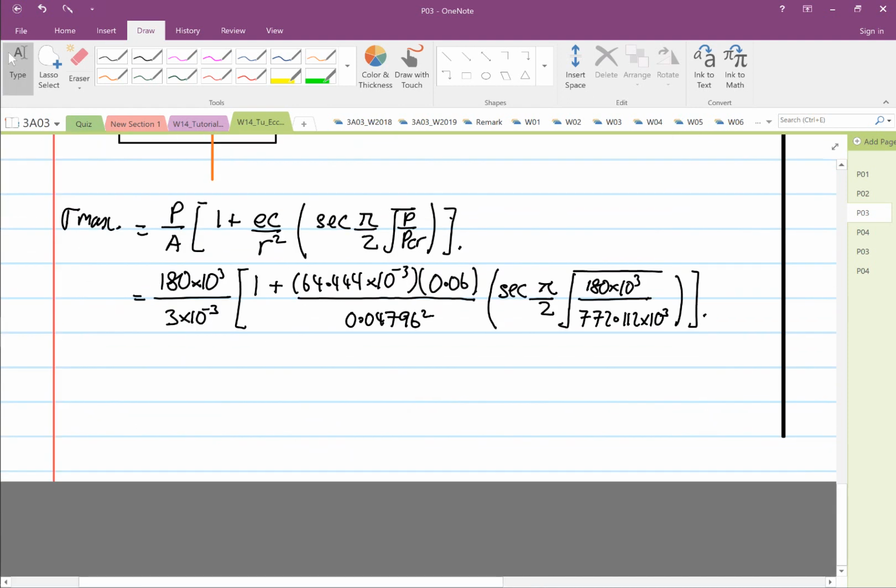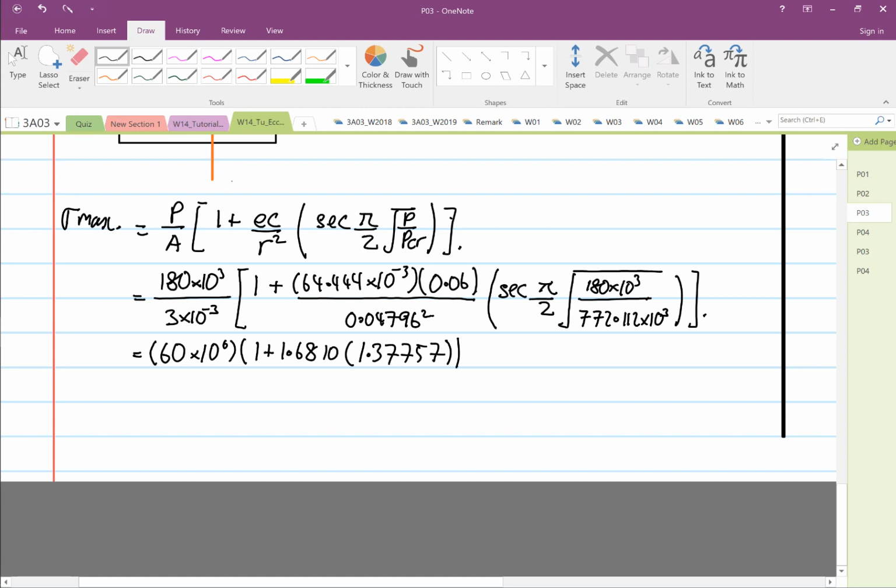This term will be equal to 60 times 10 to the power 6 multiplied by 1 plus 1.6801, and then multiplied by 1.37757.